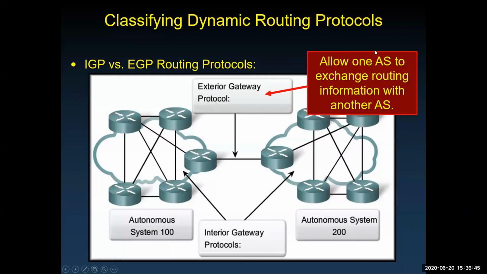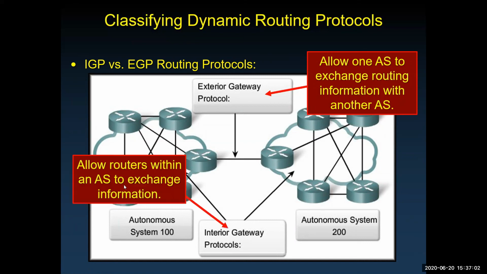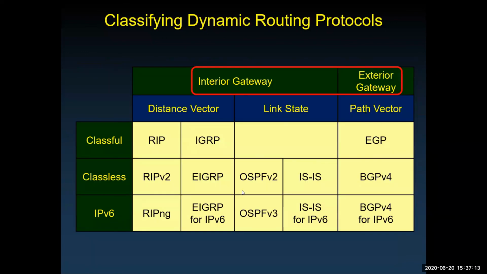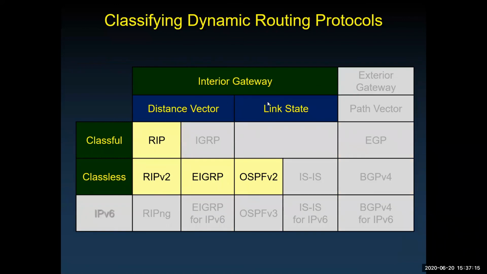With EGP, one autonomous system is allowed to exchange routing. So the whole site should be given an AS number, by PLDT or the ISP. It allows routers within an AS to exchange info. So this router needs an AS too before they can exchange. We will assign it.